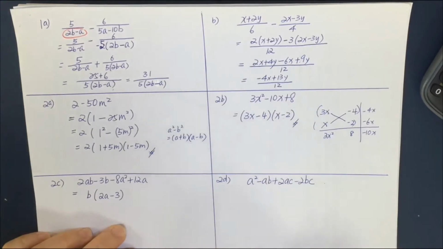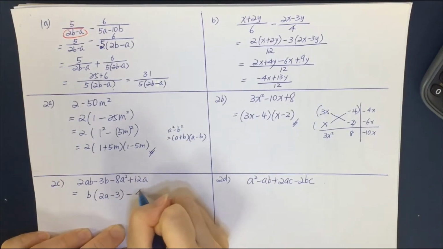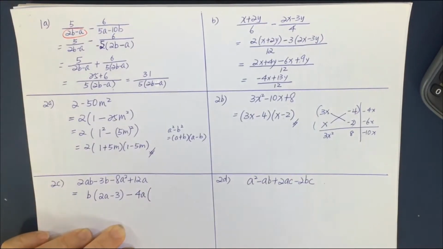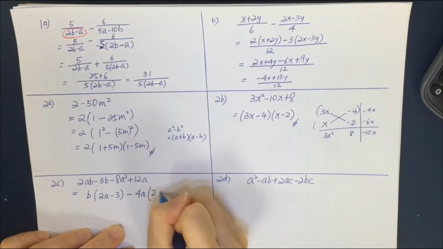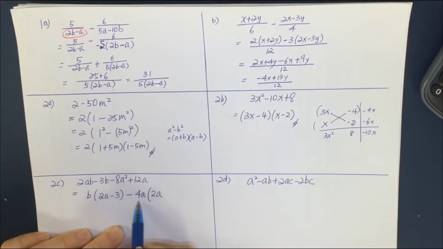Okay, how do we get the 2a minus 3? Can we say we use negative 4a? So when I have negative 4a, I need to times 2a in order to get negative 8a squared. See, this one times together, you get back this one. I didn't change anything.